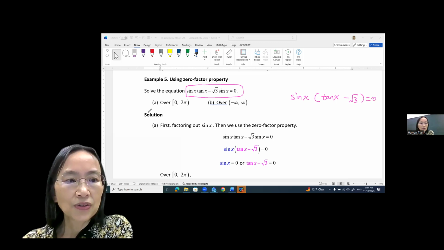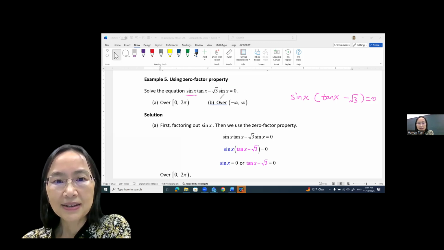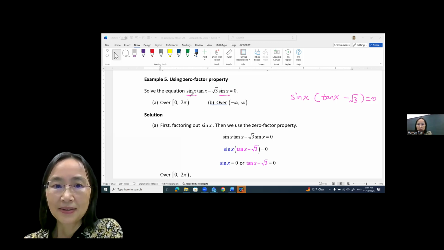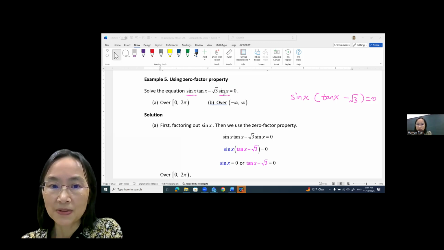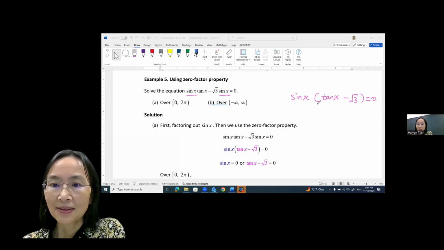So this equation has sine x as a common factor in both terms. So we factor out sine x, then you can write the left-hand side in product form.